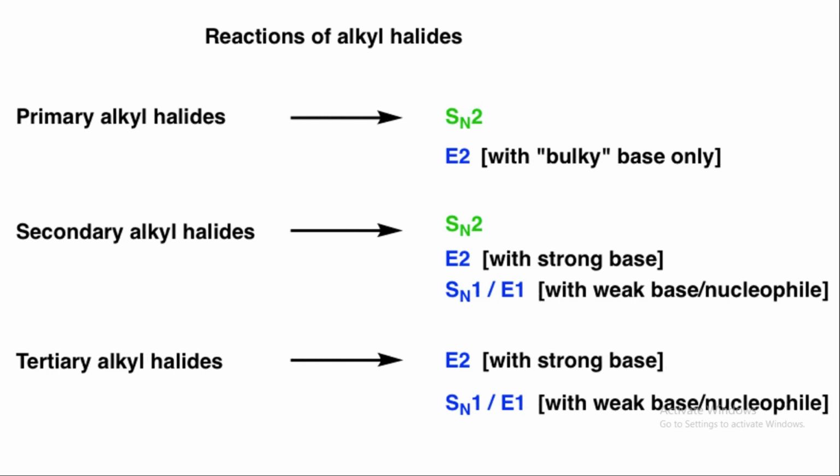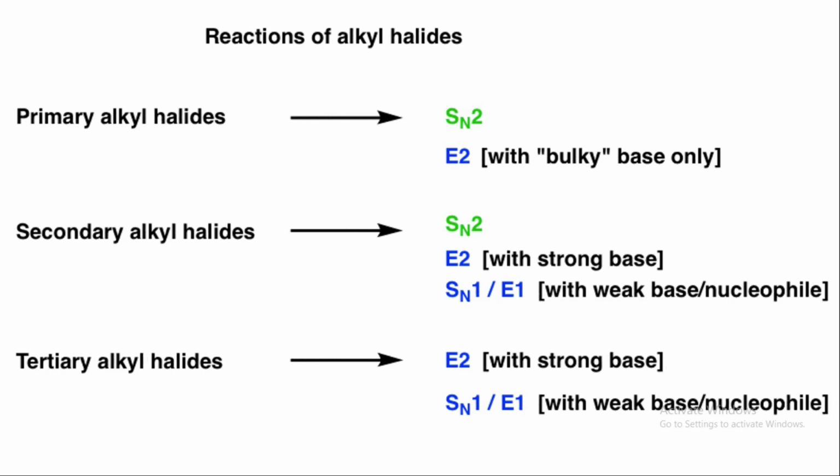What are these conditions which are mentioned in the bracket? E2 means elimination bimolecular. When there is a bulky base present in primary alkyl halides, then it will go for the E2 mechanism. When strong base as a nucleophile is present in secondary alkyl halides, then it will go for E2.